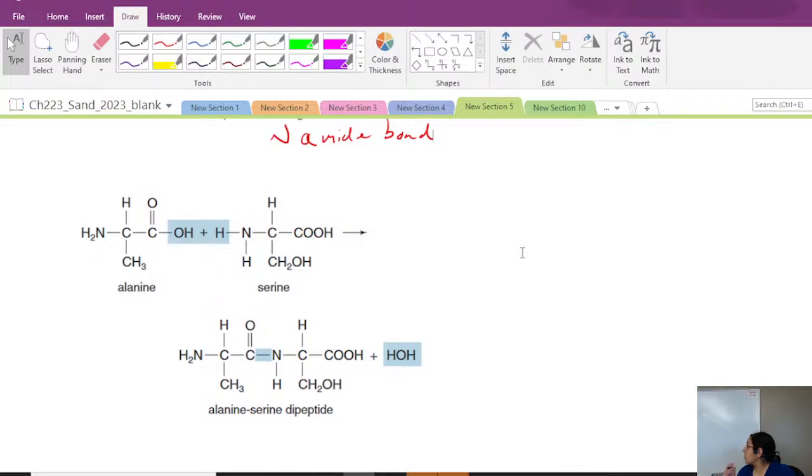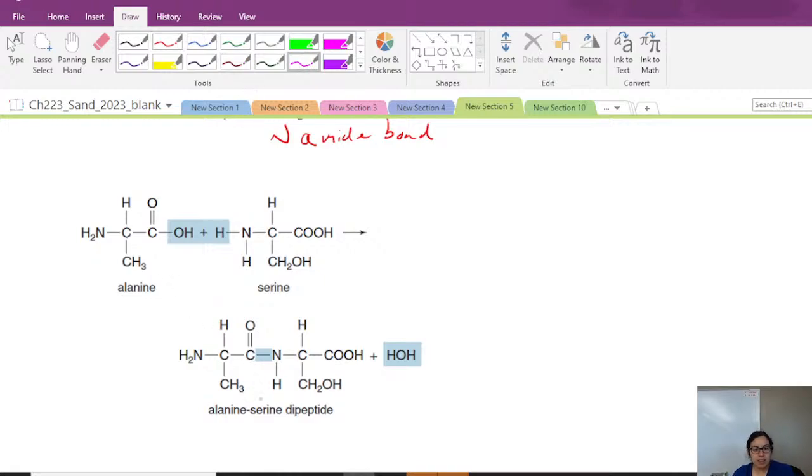Something you want to be able to do is pair up how they would be synthesized. Let's say you're trying to make an alanine serine peptide. You want to look at your amino acids and figure out how and where they would attach.